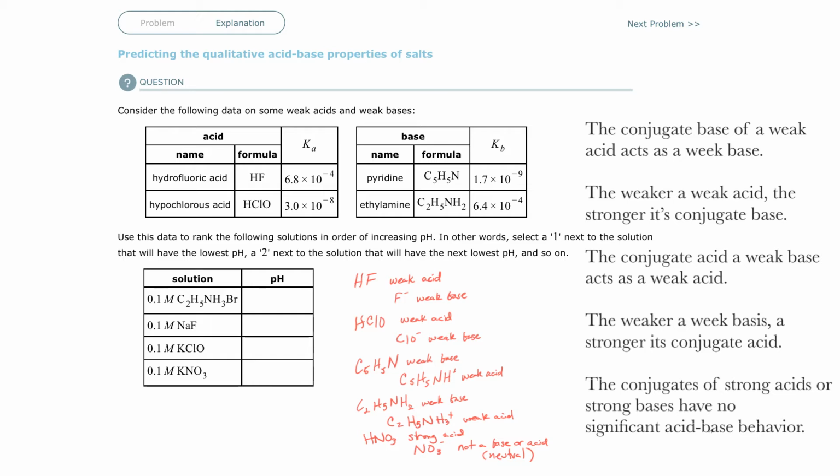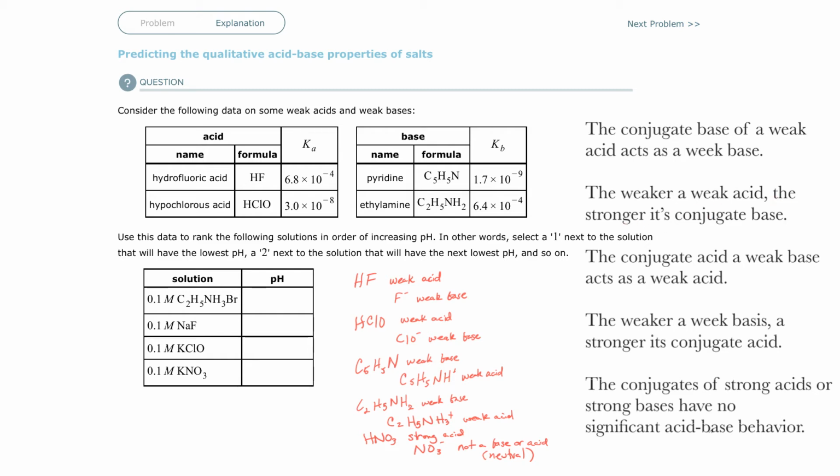So if you have something that's weak and you throw the hydrogen away or you receive the hydrogen, whichever way, its conjugate will also be weak. That's the first thing to write down. Then, the weaker the weak acid, the stronger its conjugate base.